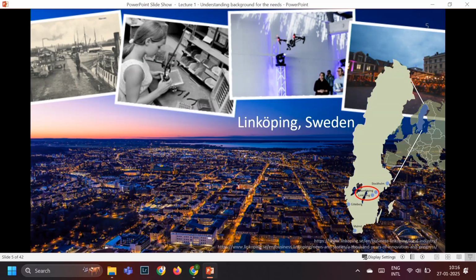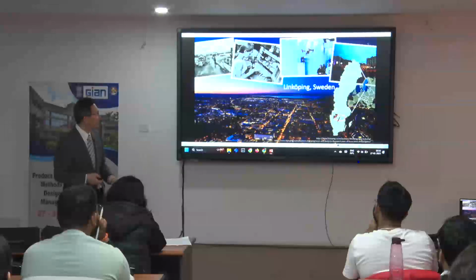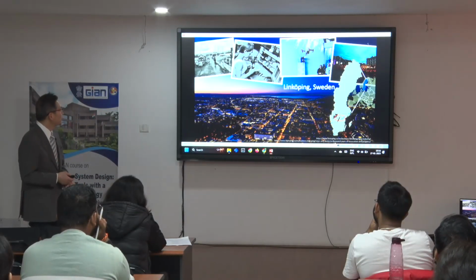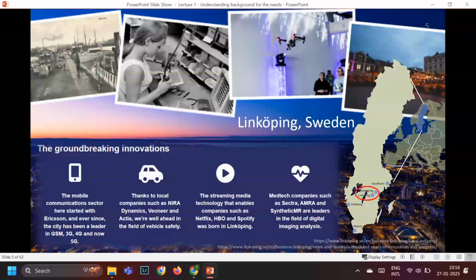When it comes to the city, my university is located in the city called Linköping, which is between Stockholm and Gothenburg, or Stockholm and Copenhagen, if you know a bit better. The city is proud of a long history of innovation, actually. The city has a telecom industry, and in relation to that, a lot of IT companies are based in Linköping.